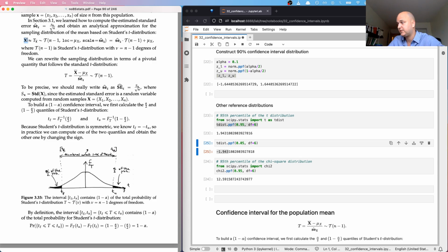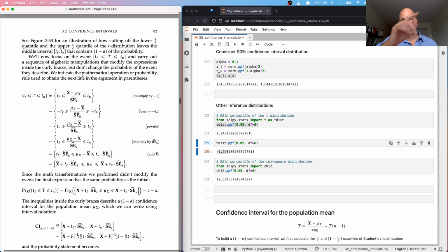But no problem. The t distribution describes the variability of the difference between the sample mean and the population mean. So in these few math steps, I'm going to explain to you in words, and you can look at the math later. What we're doing is flipping the distribution.